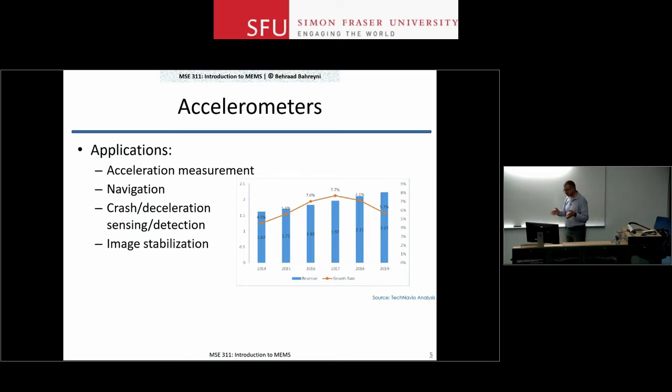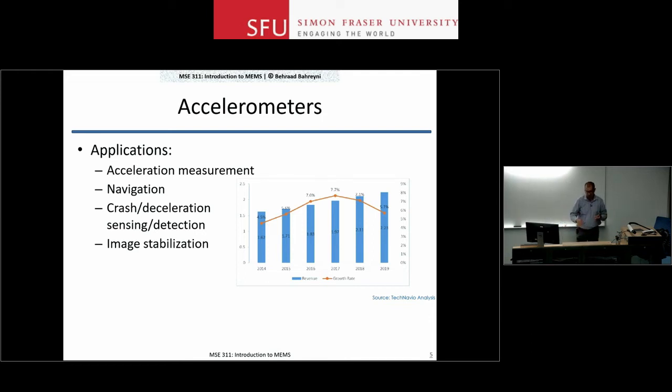Image stabilization is another application area for accelerometers, especially DSLRs, the large cameras. You want to make sure that the vibrations of the hand are removed from the picture, so you get better quality images in video cameras or pictures.